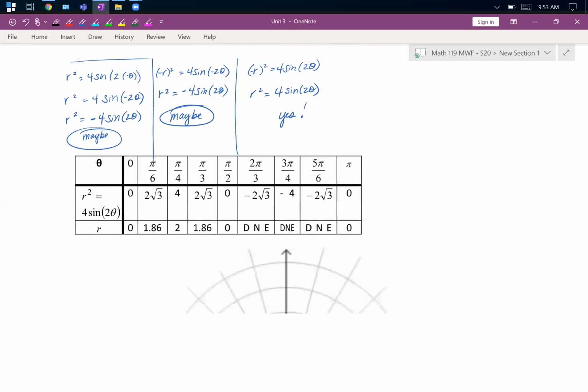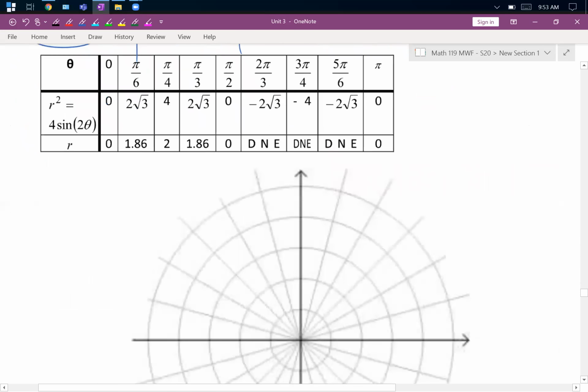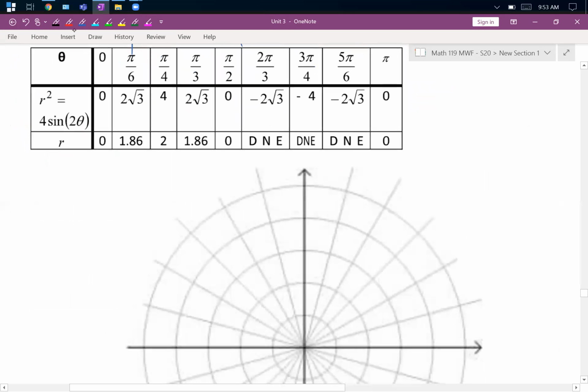All right, so we've got our points. Let's plot them. We're going to 0, and then our r is 0. Pi over 6.